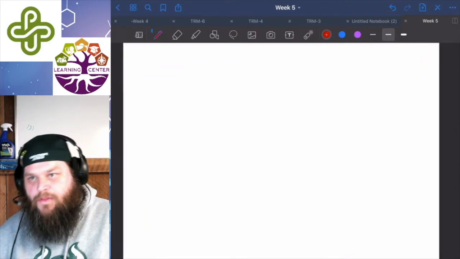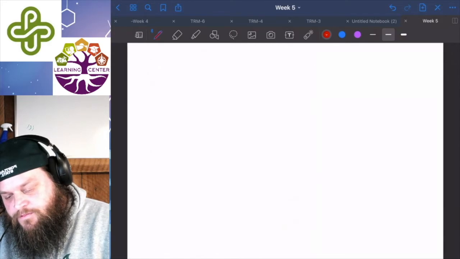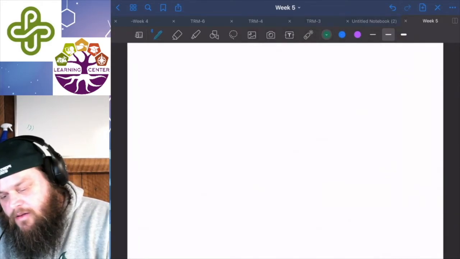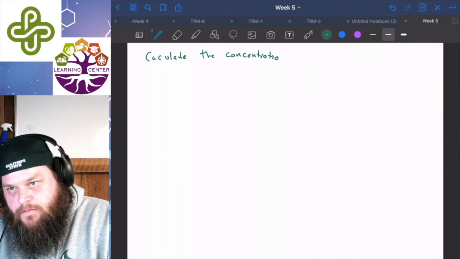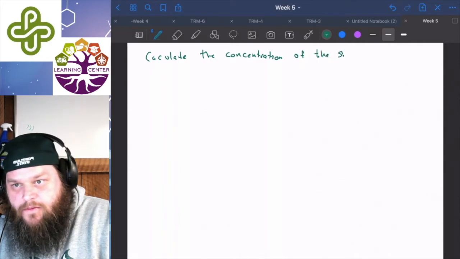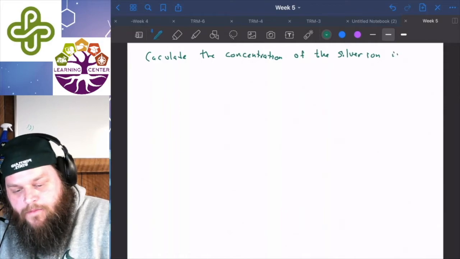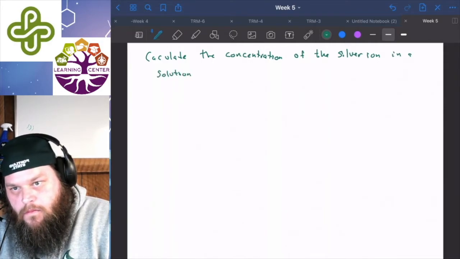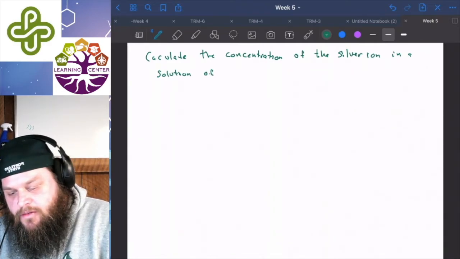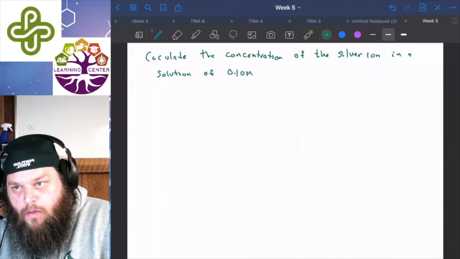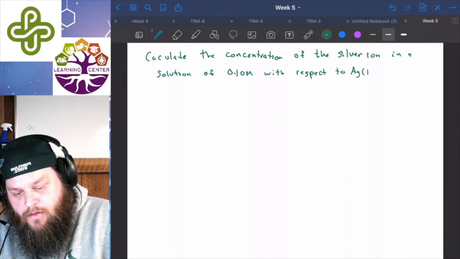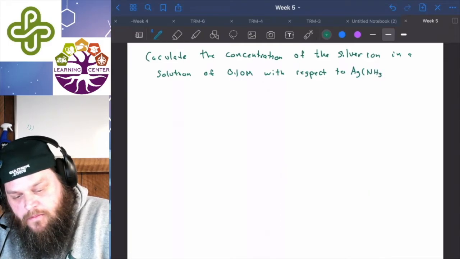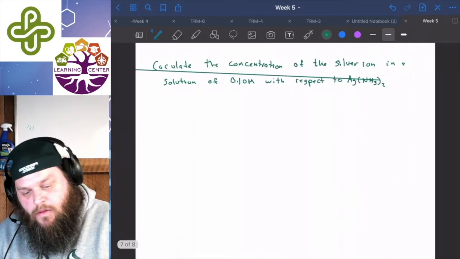So let's try a problem with this. Calculate the concentration of the silver ion in a solution with a concentration of 0.10 molar with respect to Ag(NH3)2 plus.